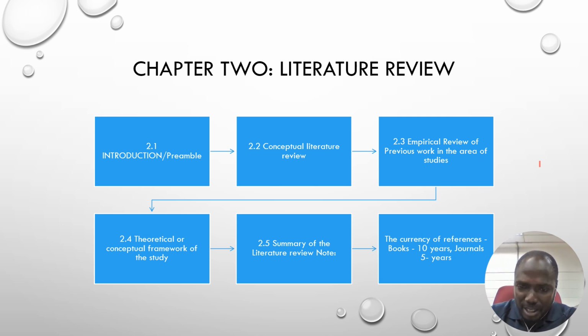Then maybe one person defines gnosis as this, while according to another person in his research he defined gnosis as this. So you define your concepts based on your topic, your research questions or research objectives, the major keywords there. Then you review them. That is the conceptual review, the concepts in your topic.